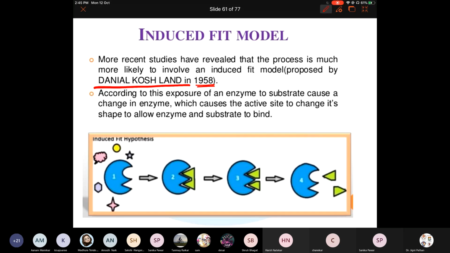In this, remember, the active site for the substrate is not present in the enzyme initially.